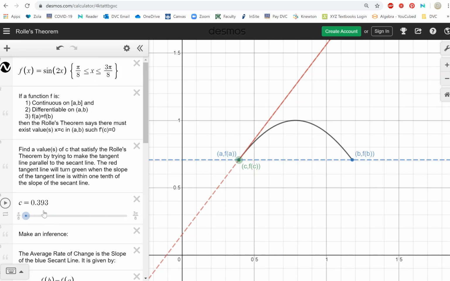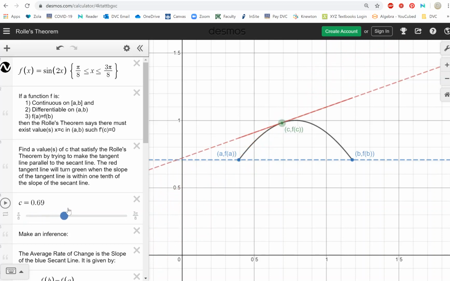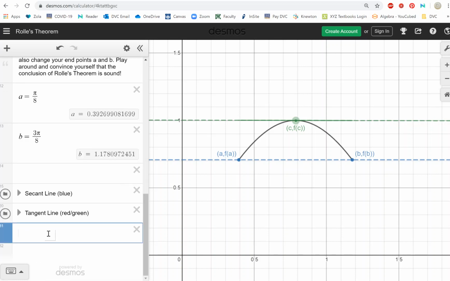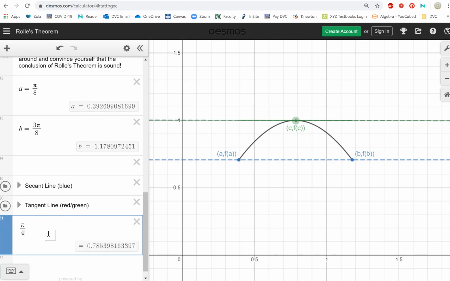I can't take the derivative at those endpoints. And if I move my slider along here, lo and behold, there is a place where the derivative is 0. There's a place where the slope of the tangent line is 0. We have a horizontal tangent there. And it looks like it's at about 0.786, that x value, and in fact that is pi over 4, the answer that we found in part A.